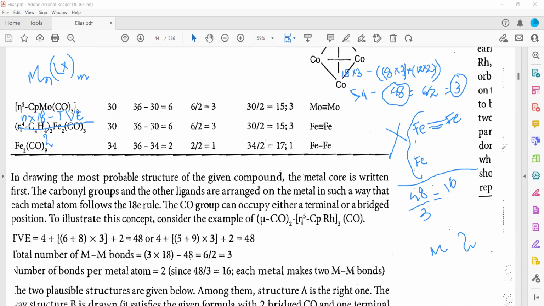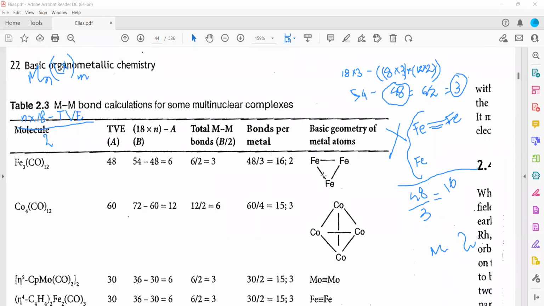Okay, so now let us draw. We already got the answer that there are total 3 metal bonds, and there are 2 bonds per metal. Now let us draw it. So there are 3 metals, and 2 metal bonds per metal.